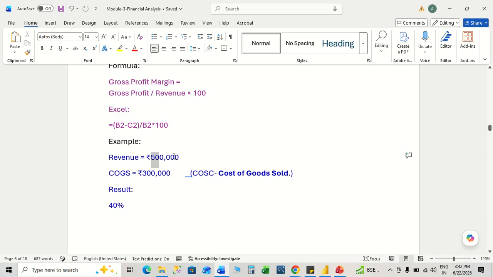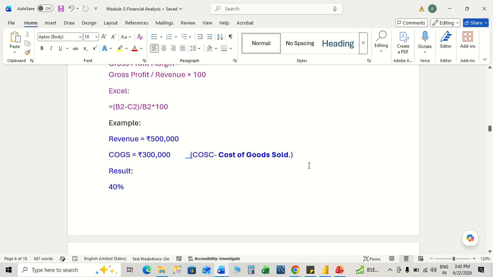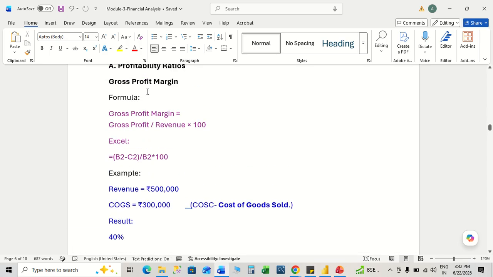So this is the revenue and this is the cost of goods sold. The result is 40%, because 5 lakhs minus 3 lakhs divided by 5 lakhs gives 40%. This way we can find the gross profit margin.